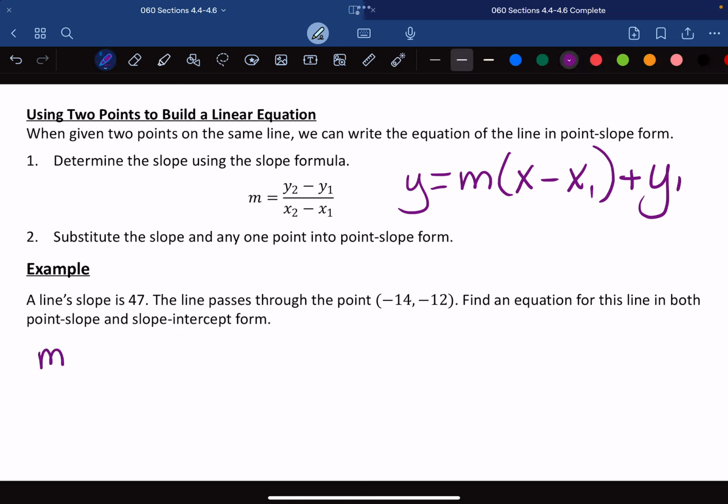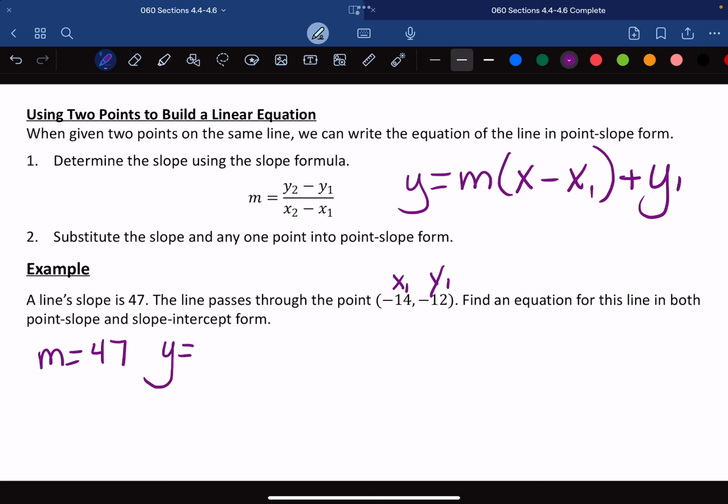Since I know my slope is 4/7, step 1 is done for me. Then I just need to move on to step 2, which is taking my given information. My slope is 4/7, and I have my points here. x1 is going to be -1/4, and y1 is going to be -1/2.